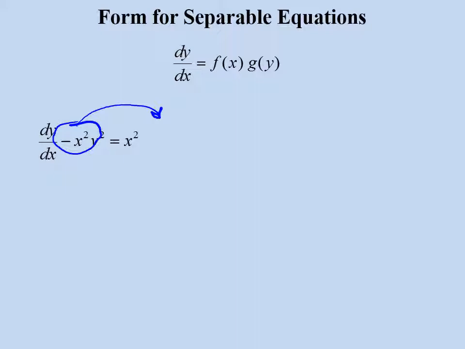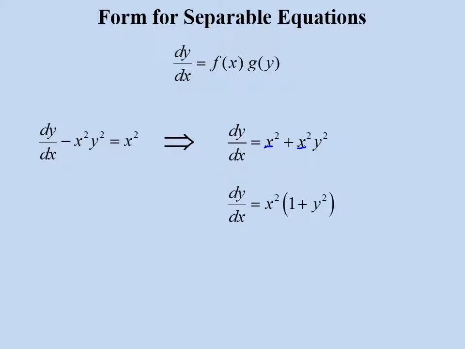So moving the x squared y squared to the other side, we get this. Now we can factor the x squareds from both of these two terms, and therefore write this as the product of a function of x and a function of y. So that's how we know we've got separable form.